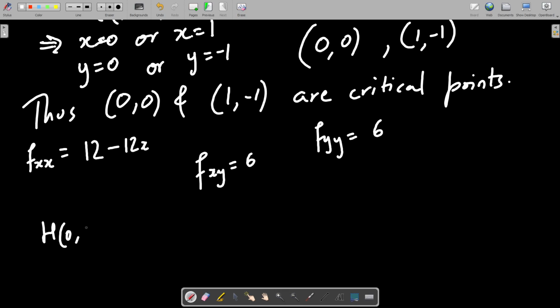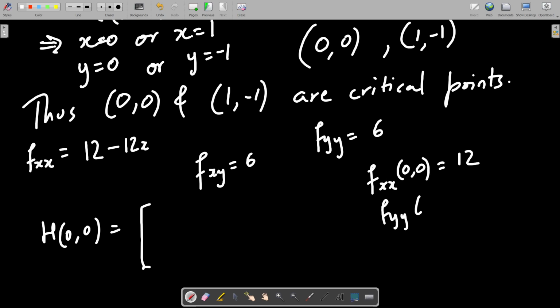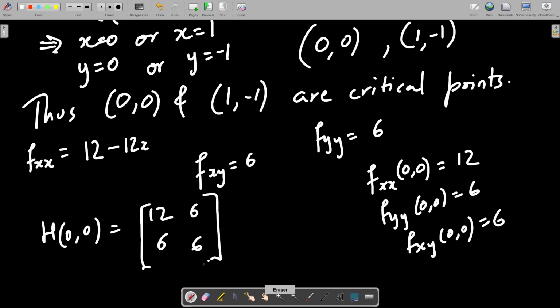Hessian at 0, 0 will be what? fxx at 0, 0 is going to be 12, fyy at 0, 0 is 6, and fxy equal to 6. So write these entries over here: 12, 6, 6, 6.